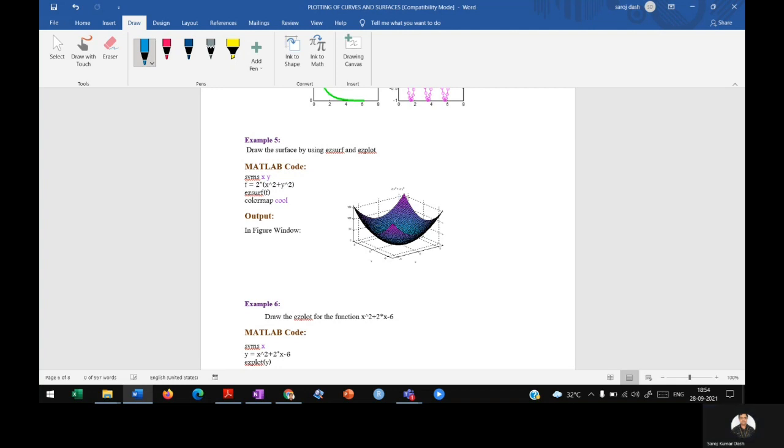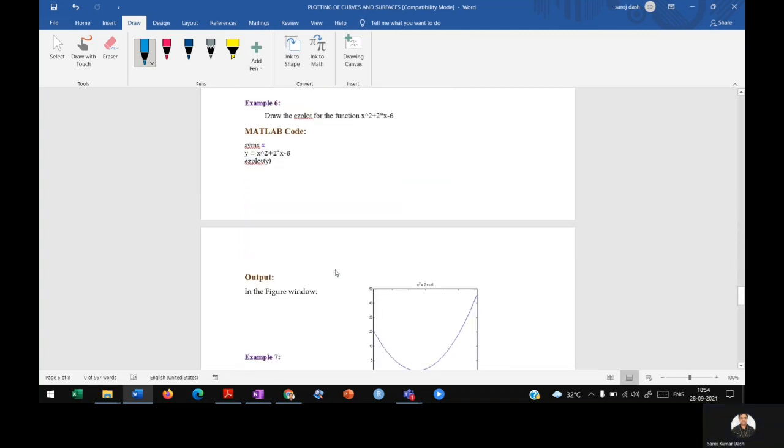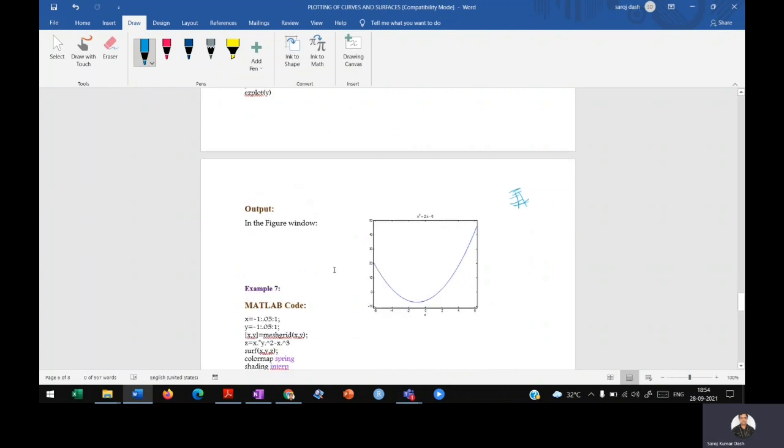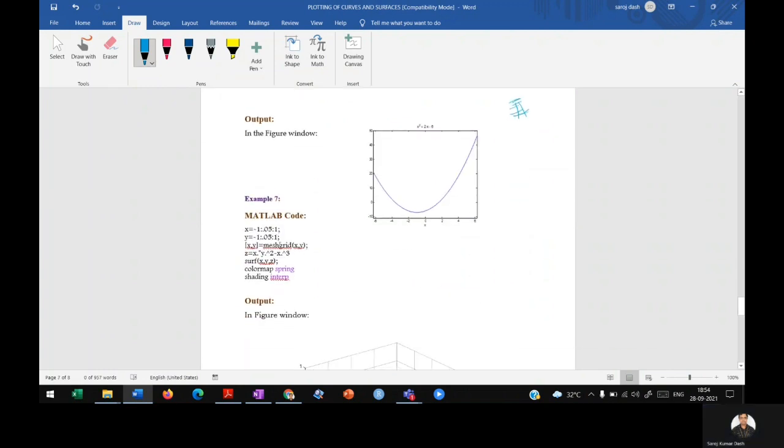All these rectangles are the meshgrid, that is called a mesh. To generate that, we used the meshgrid command on x and y, and stored the result in x and y.